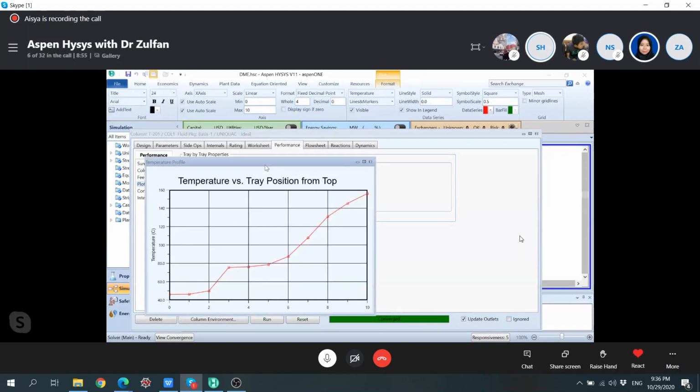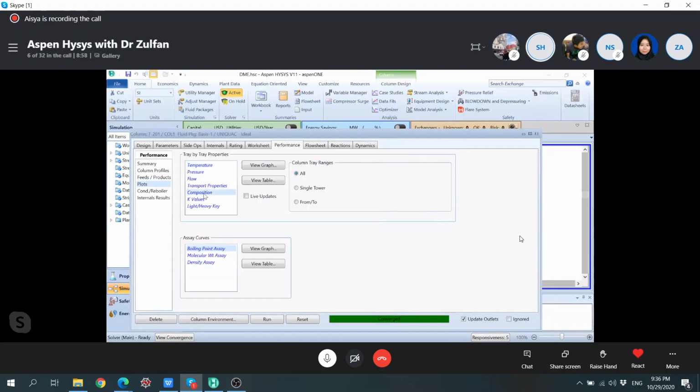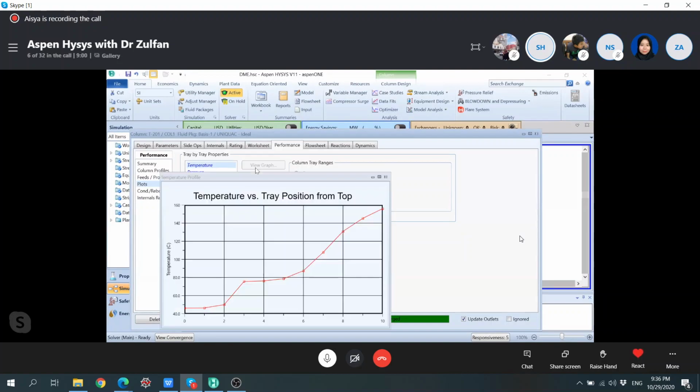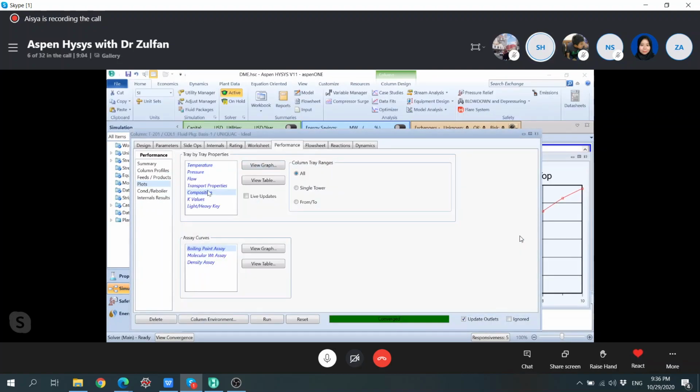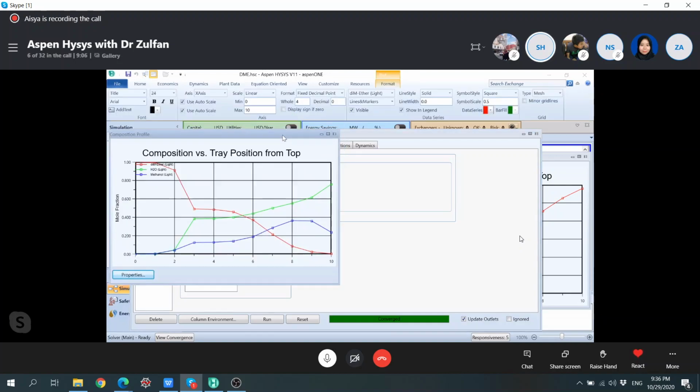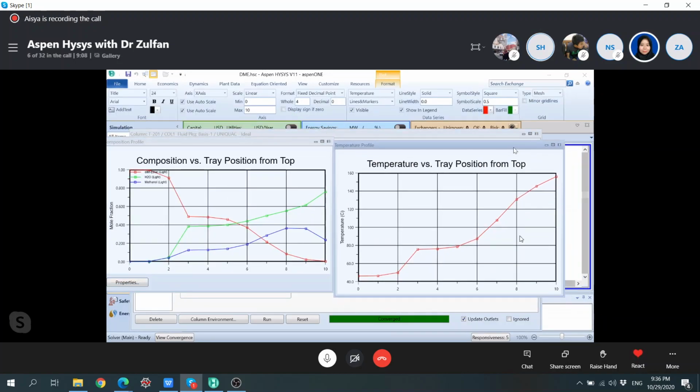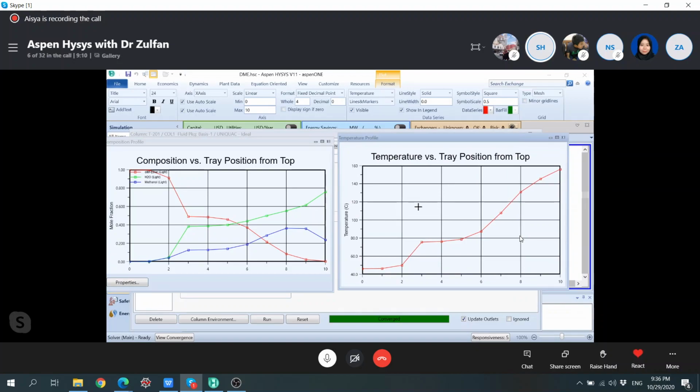Temperature, composition. You can show the temperature as well, and then both, and the composition. So we can see when we look at the temperature profile, it's changing very nicely, right? We don't have any locations where the temperature is constant, which would mean there is no separation.